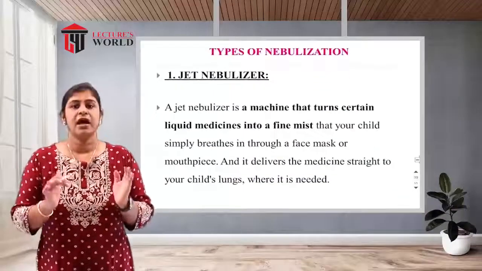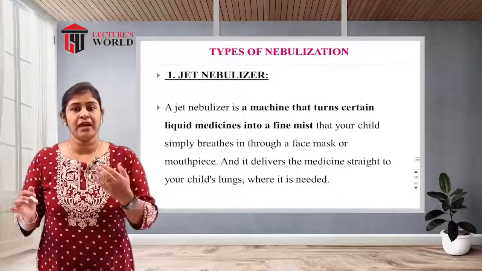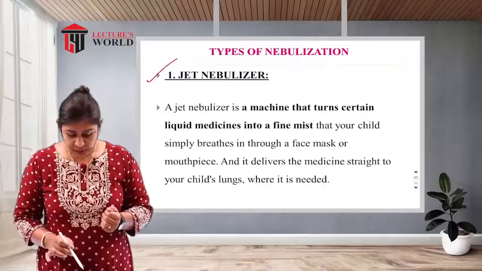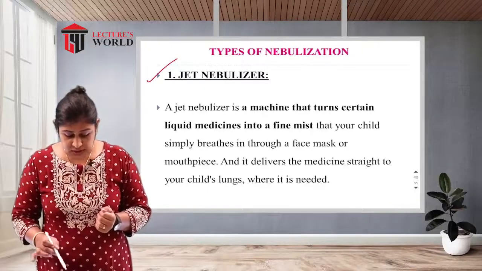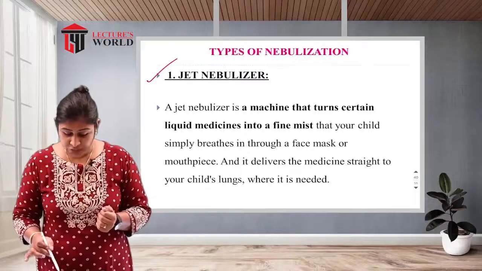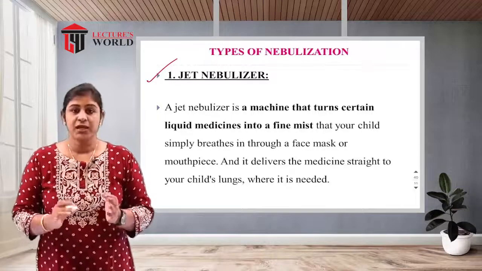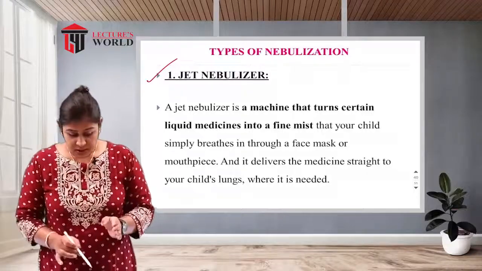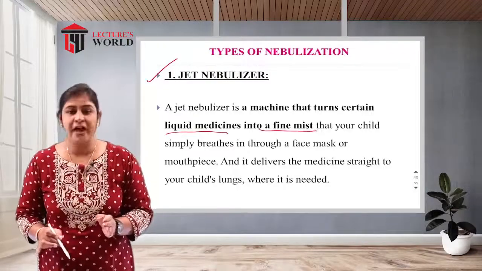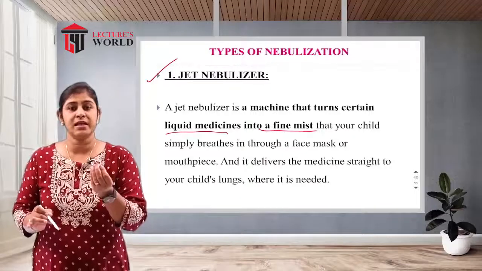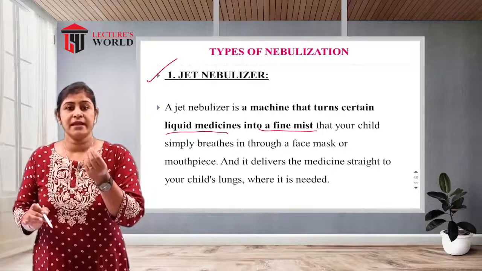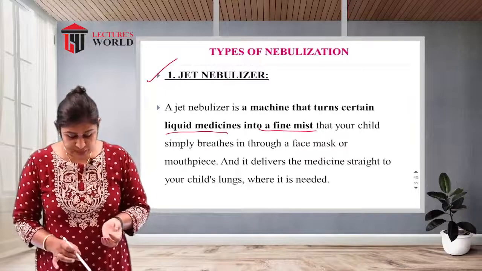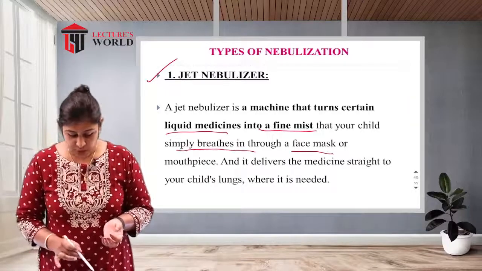Next is types of nebulization. What are the types of nebulization? First is the jet nebulizer. A jet nebulizer is a machine that turns certain liquid medication into a fine mist. Fine mist means moisture, converted into a gaseous form that your child simply breathes in through the face mask or mouthpiece.